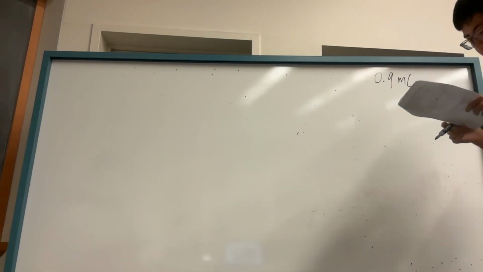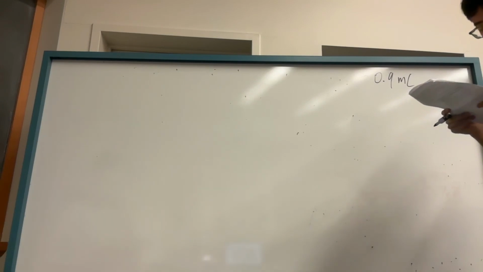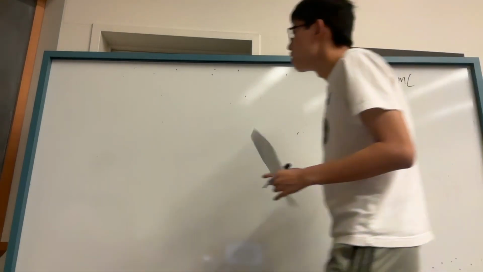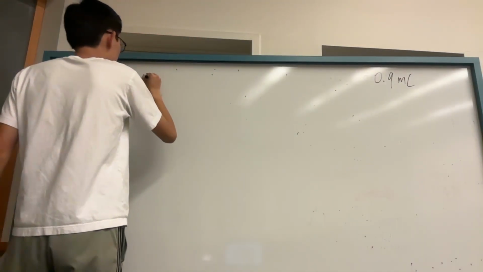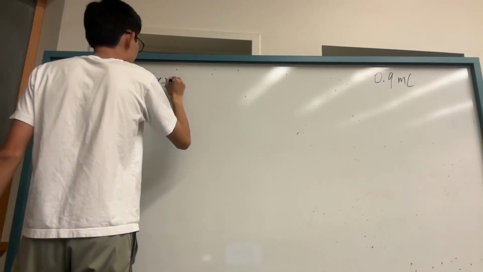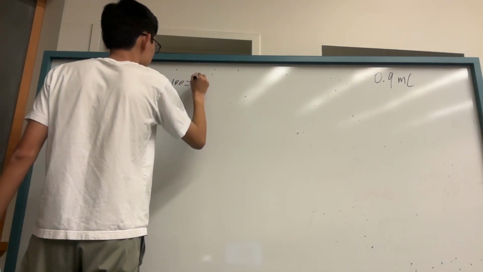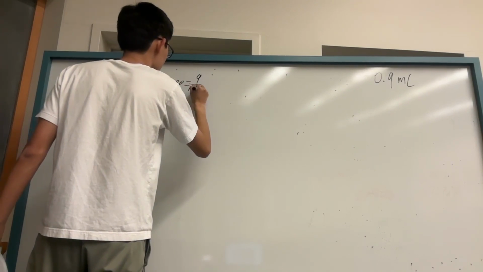How many moles did the doctor give, and how many lidocaine molecules are given to the child? Okay, first 0.9 divided by 100. This is equal to 9 over 1,000.